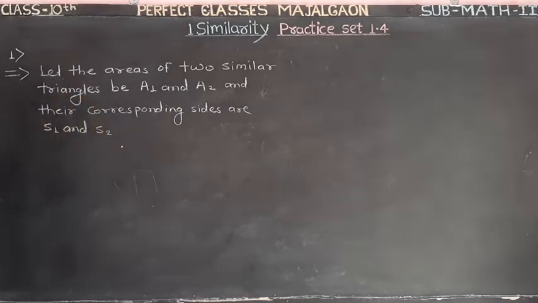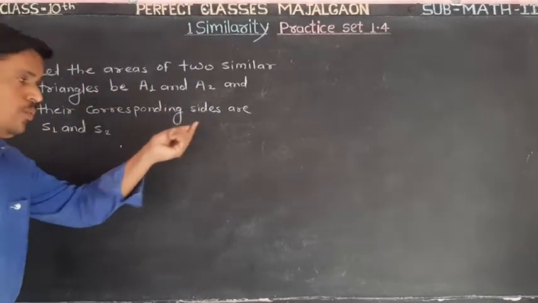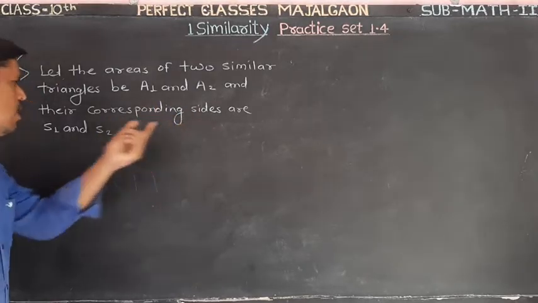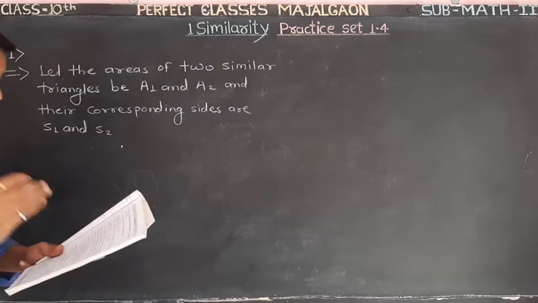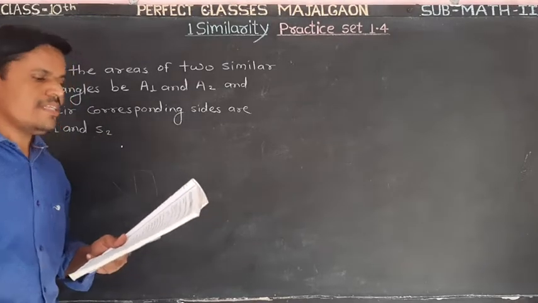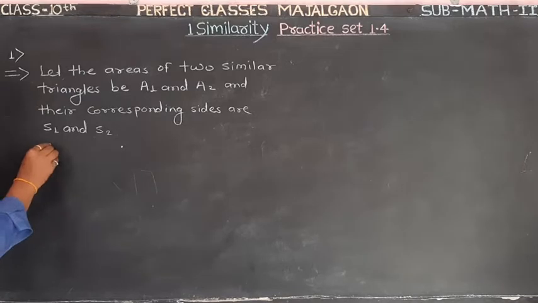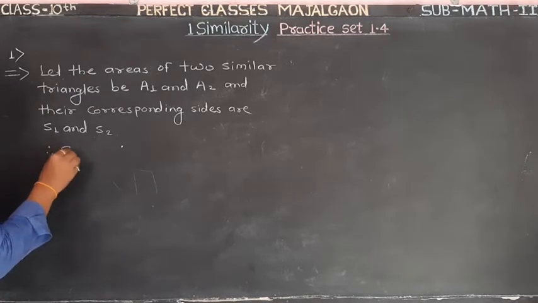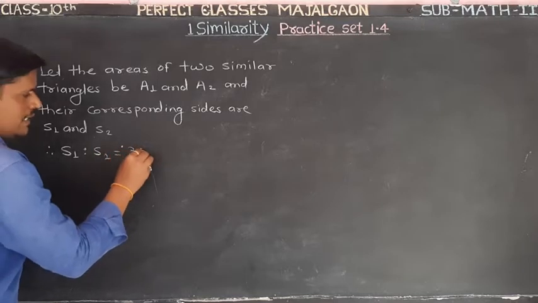In this example, the ratio of corresponding sides of the two similar triangles is given as 3:5. Therefore, S1 is to S2 equals 3:5.